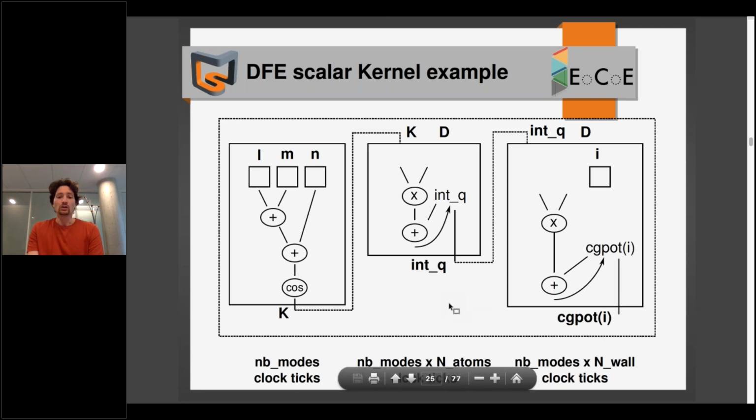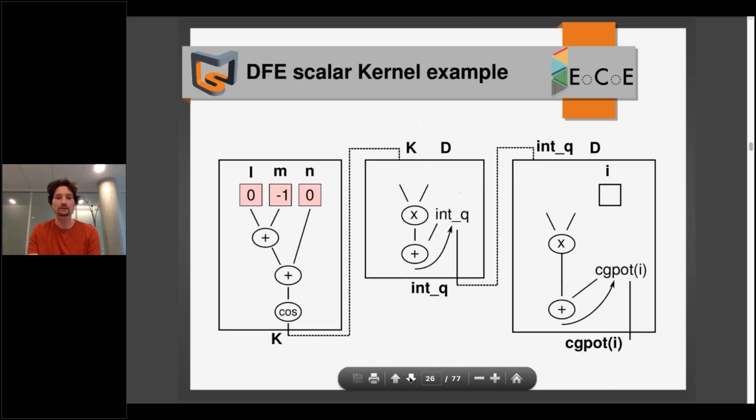We know in advance the number of ticks required to run each kernel. We will have NB modes clock ticks to finish the first one, NB modes multiplied by the total number of atoms for the second, and on the last one, the number of modes multiplied only by the number of atoms of the wall. Let's have a look at how it looks.